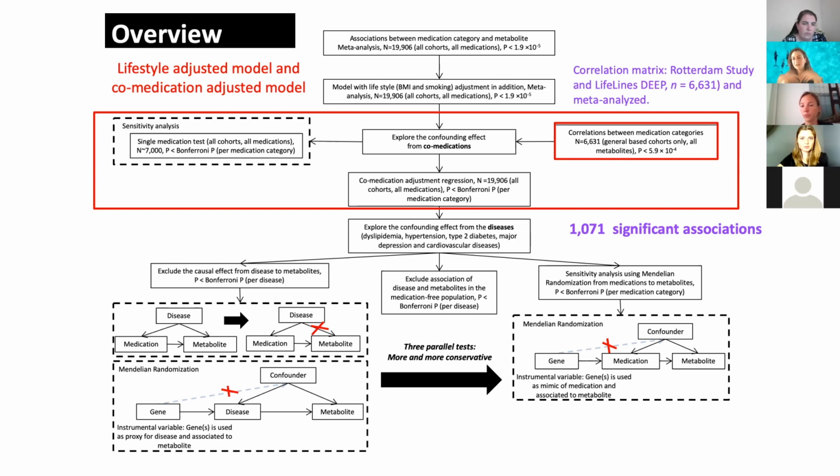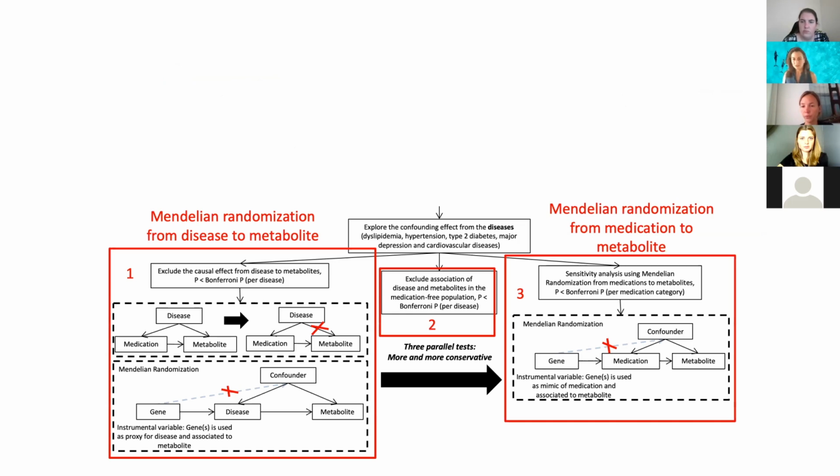And then next, we checked for the effect of the disease, because it could be that your metabolites were high because of your disease, because you have diabetes already, not because you used metformin afterwards. So to do that, we went for three things.